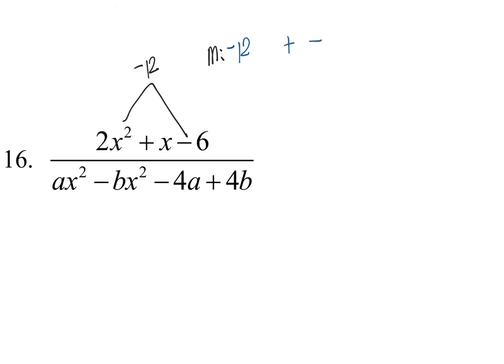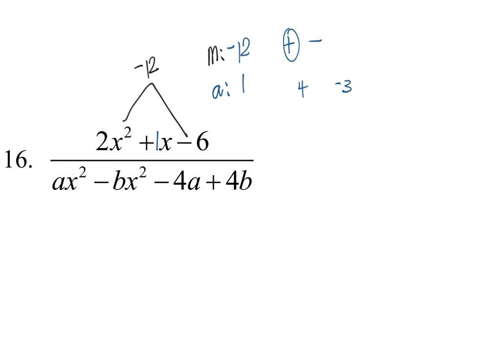And the two things that also would add to give us +1, and we're getting that +1 from right there. So since you're adding to get a positive, your larger number will be positive. So you could use 3 and 4 and make your 4 positive and your 3 negative.